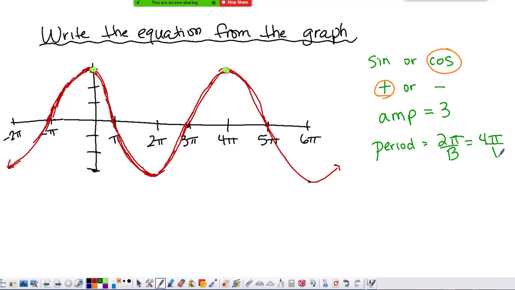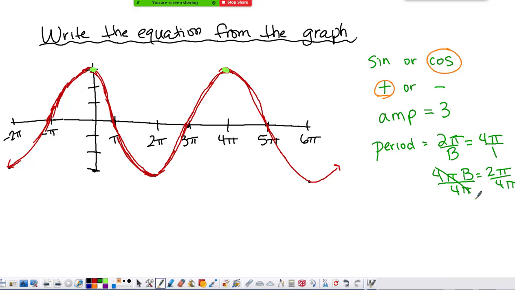Cross multiply, right? So 4 pi times b equals 2 pi. What are we going to do next? Get b by itself. How are we going to get b by itself? Divide by 4 pi, right? Good job.